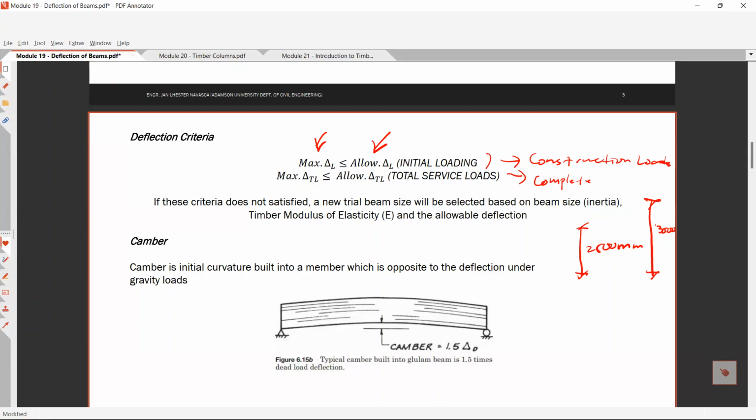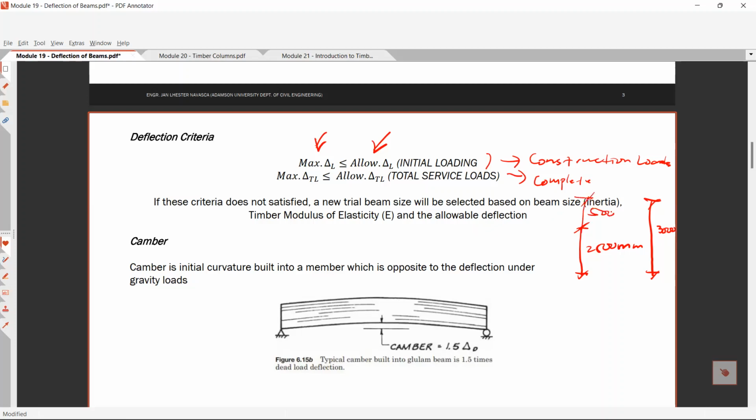Tapos nag-design si architect ng 6 meter span. And based on your analysis considering gravity and seismic and wind, yung 6 meter span beam na yon nagre-require ng 500 mm depth na beam. So imagine 500 mm depth. So kinain mo na yung space.